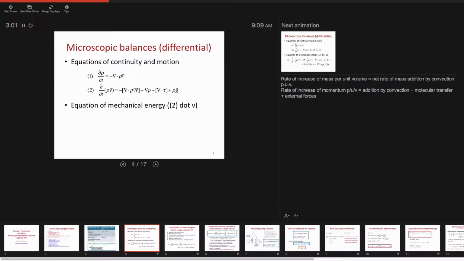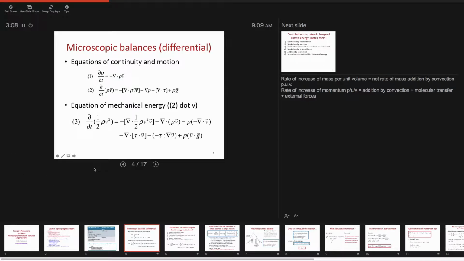So on the microscopic scale, we have the equations of continuity and motion. That should be very familiar. And then the mechanical energy equation we get by doing a dot product with velocity of this vector equation. It's a vector equation, so when I do a dot product, I'm going to get a scalar equation.